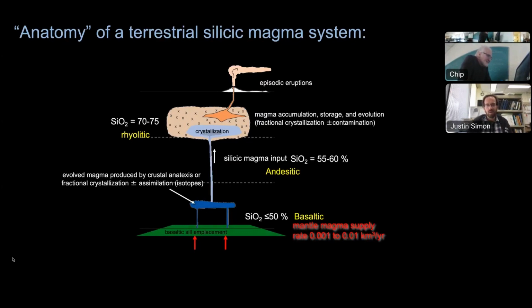So the point here is that it's difficult to produce a significant dome on the surface, even if it's only 10 cubic kilometers of material, if you don't have a system that is feeding it. In order to collect that volume of melt, it doesn't have to be 100 or 1,000 cubic kilometers of felsic material, but it has to be something. You need to be able to bring those melts together.